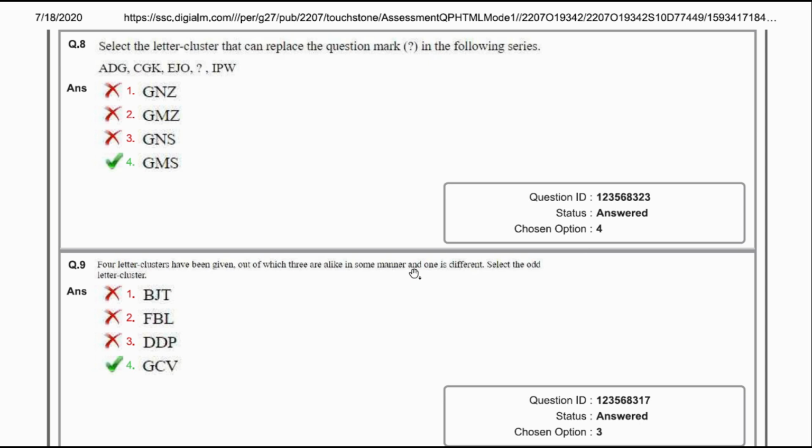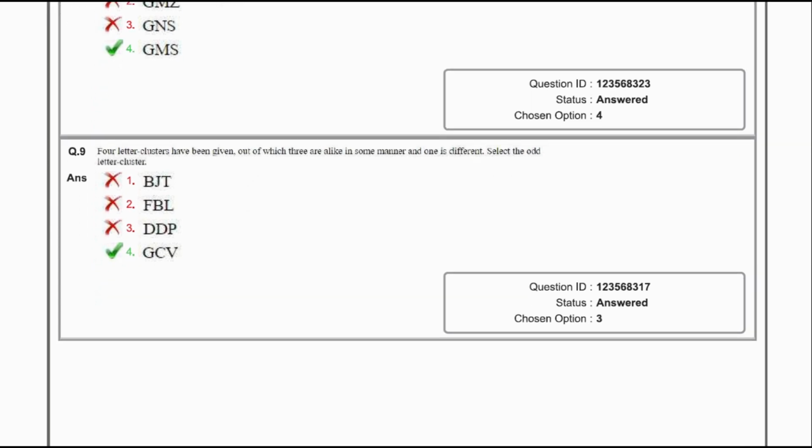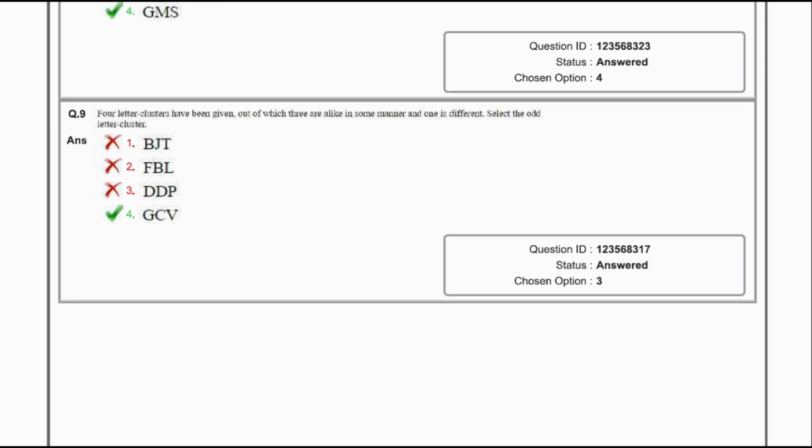Move to question 9. 4 letter clusters have been given, out of which 3 are alike in some manner and 1 is different. Select the odd. First is BJT, second is FBL, third is DDP, fourth is GCB.